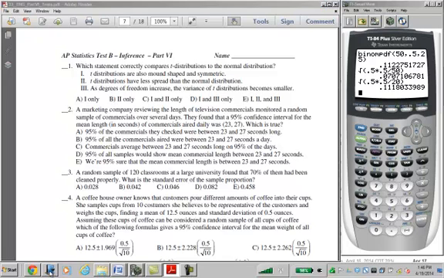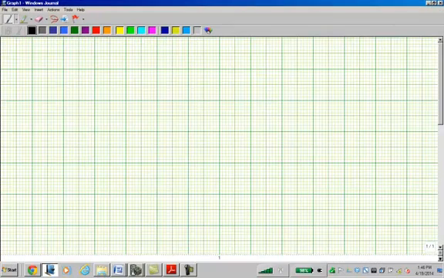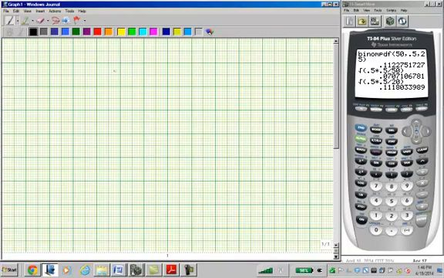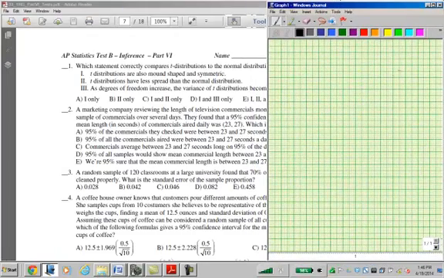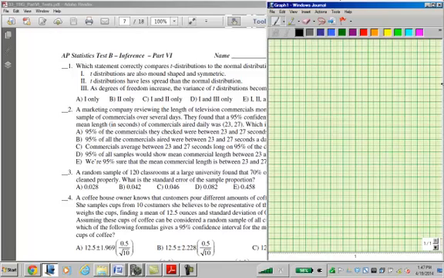And let's get a little worksheet up here. Okay, so the standard error for sampling distributions for quantitative data equals the standard deviation of the sample divided by the square root of n.